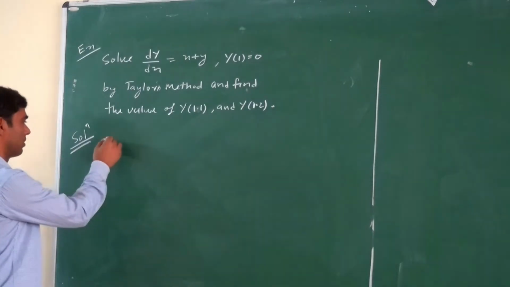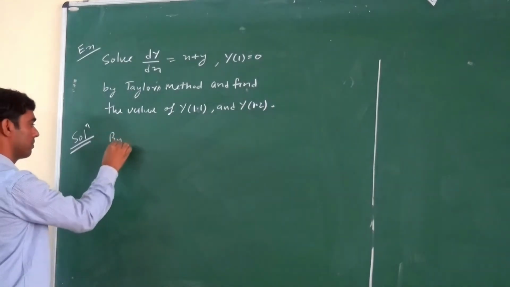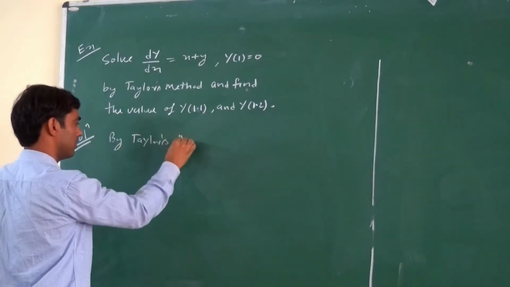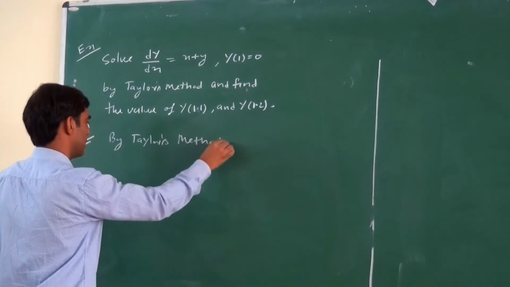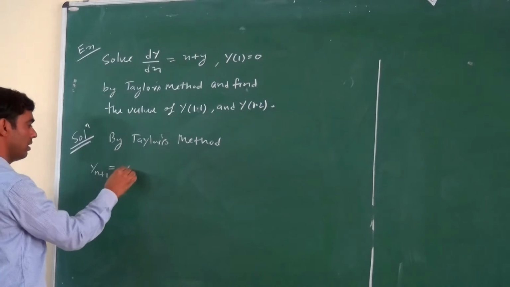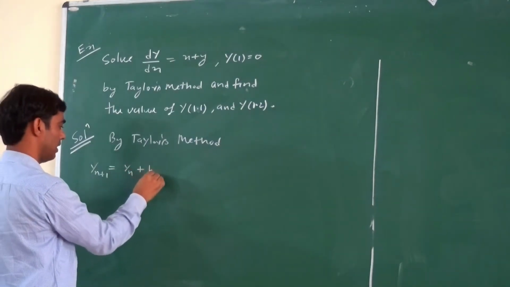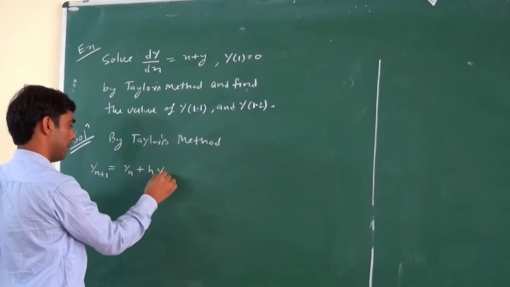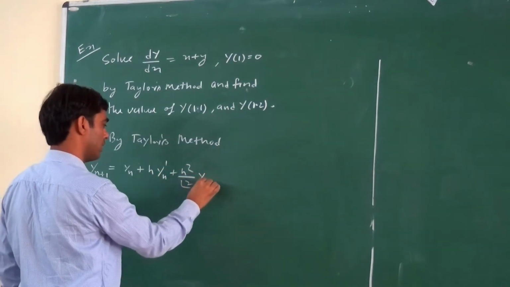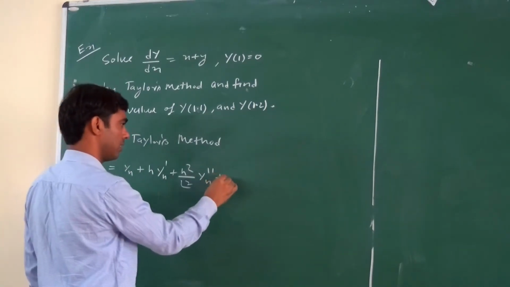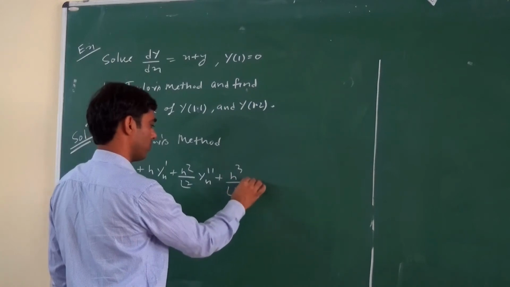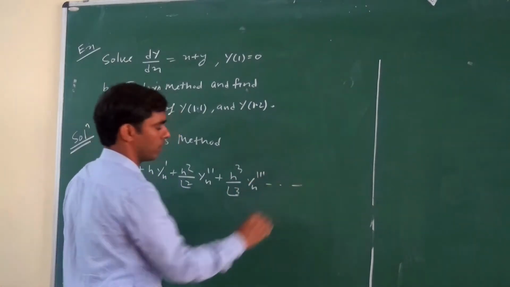By Taylor's method, what is the iterative scheme? y n plus 1 equal y n plus h y n dash plus h square upon factorial 2 y n double dash plus h cube upon factorial 3 y n triple dash and so on.